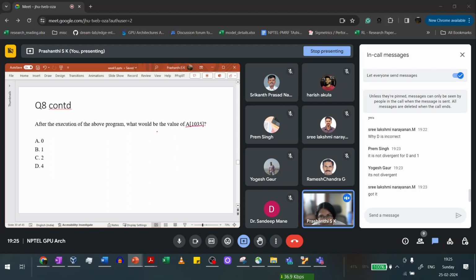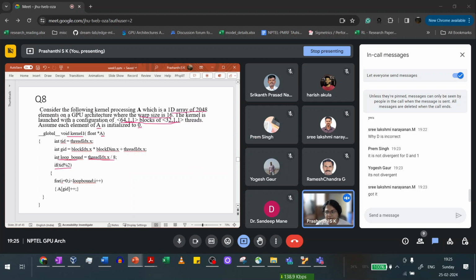So just note down this much and I'll scroll to the kernel. I think you'll have everything you need from there. So A[1035], and these are your options. Yeah, this is the kernel. So take a couple of minutes to think about this.